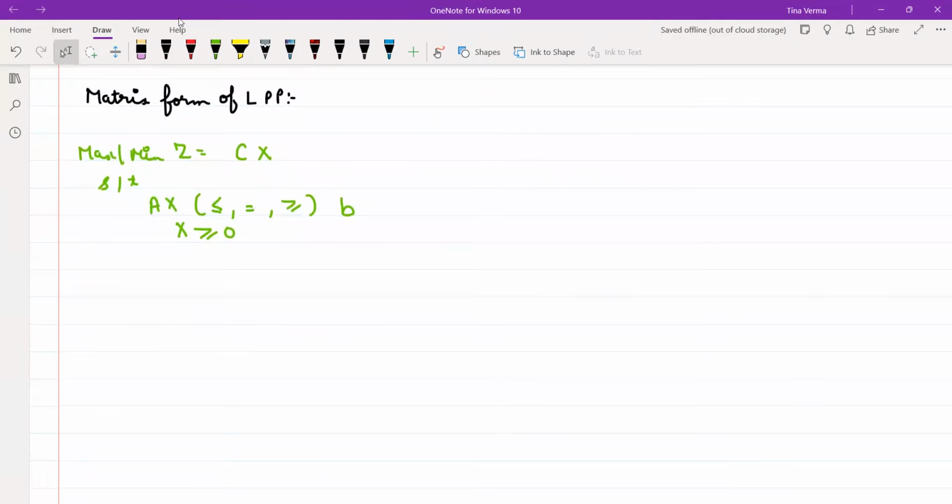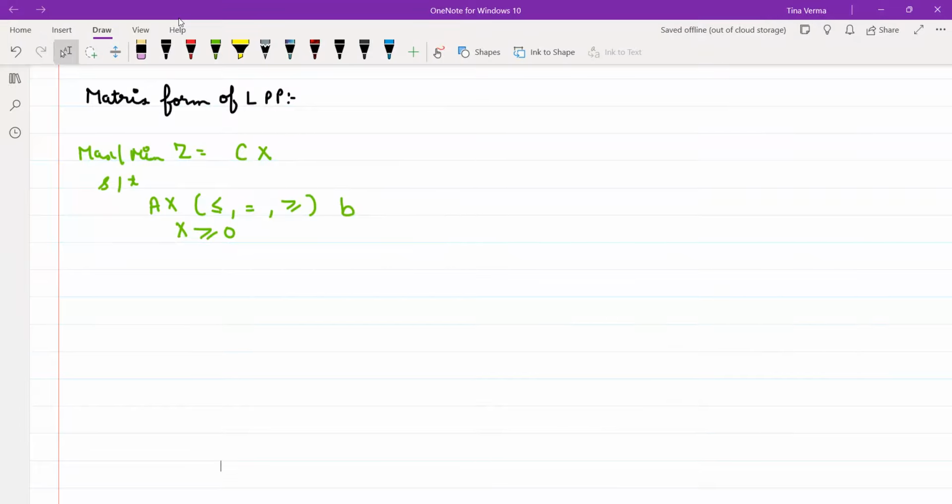No. So the first and foremost part: we have been given an LPP, but whenever a decision maker comes to you, he does not give you a mathematical model. He will tell you in words that this is my requirement, I have this budget, I want to have this within this budget, I can invest only in this, and the capacity of one thing is this.